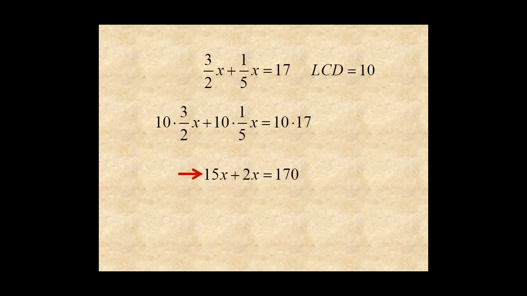This works because the LCD, 10, is a number that is divisible by both denominators. You can see that 10 divided by 2 is 5, and 10 divided by 5 is 2. That's the general strategy. Now, let's look at the details of how this works.